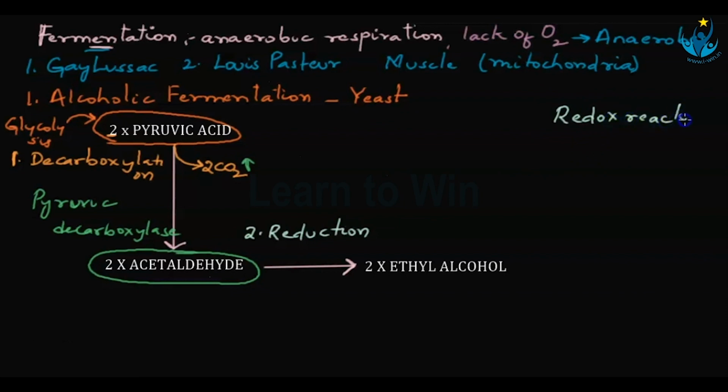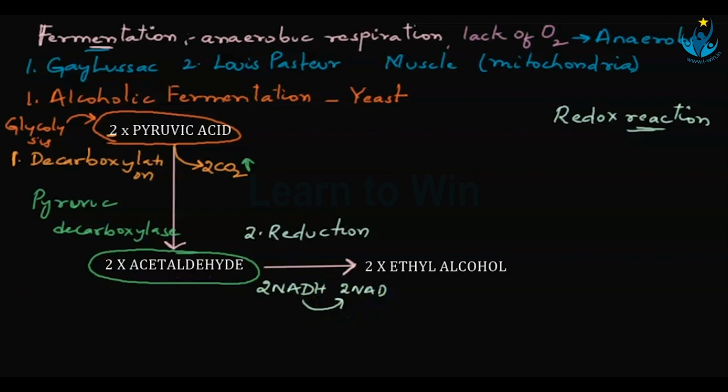That means if one substance is getting reduced, another one will get oxidized. So if you want acetaldehyde to get reduced, you need some sort of a donor. Somebody should become the reducing agent. So who will be that reducing agent? 2 NADH.